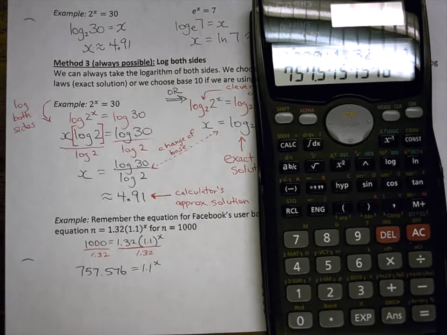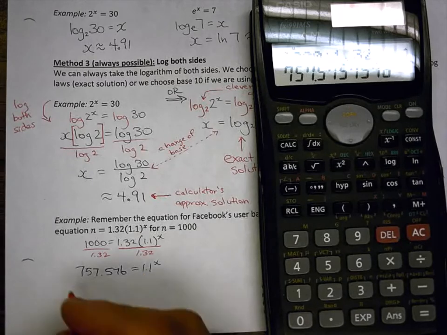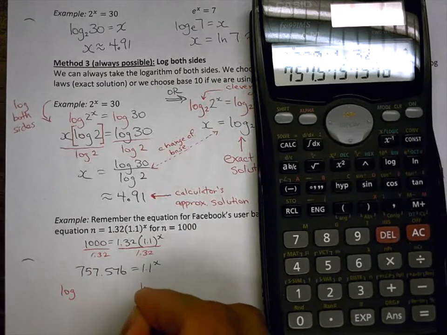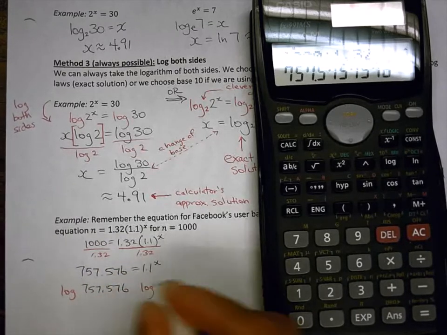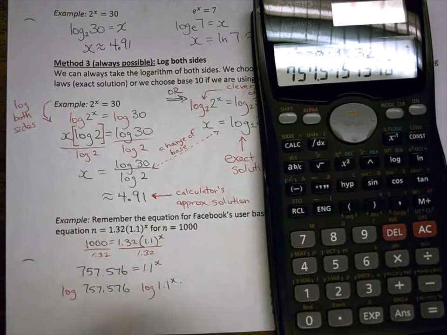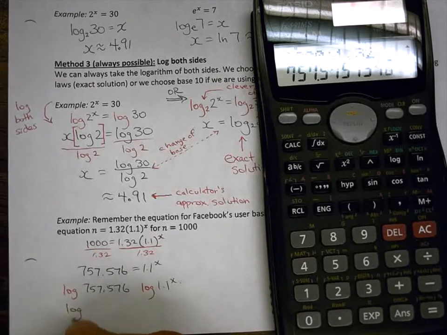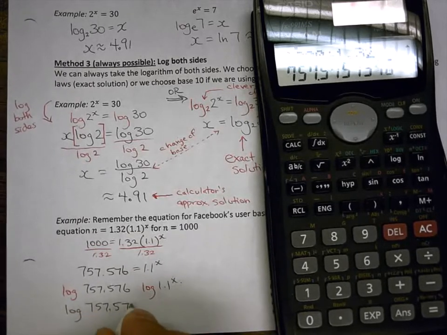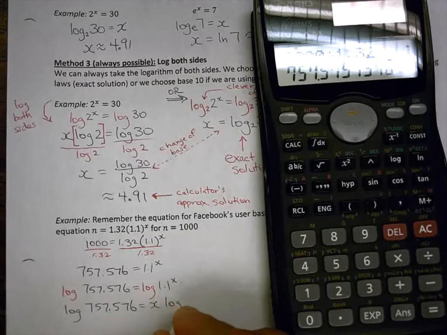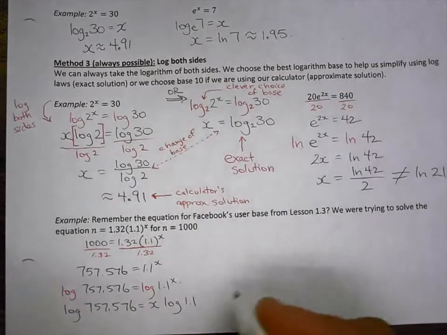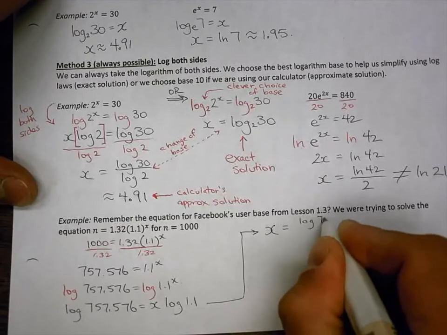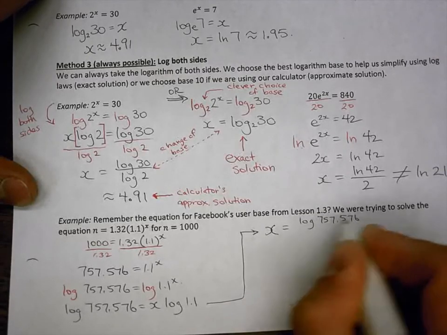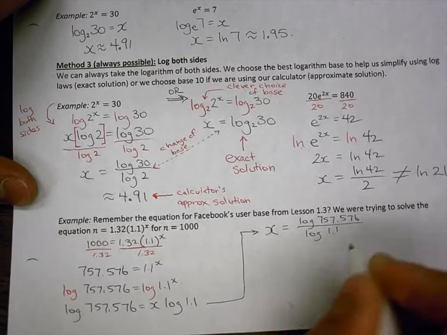Now, we've since learned that the way to solve this is to log both sides. And what's amazing about logs is I'm allowed to bring that variable in the exponent down. So now this question becomes x is equal to log 757.576 divided by log 1.1.